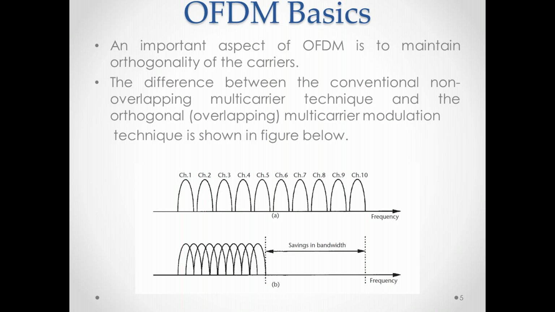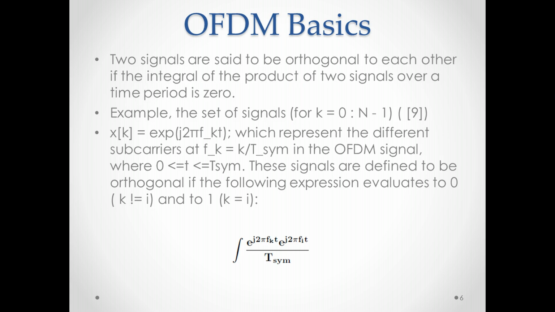The subcarriers can overlap and still there cannot be any sort of adjacent carrier interference. This can be achieved only when the subcarriers are made orthogonal to each other. Two signals are said to be orthogonal to each other if the integral of the product of the two signals over a time period is 0.